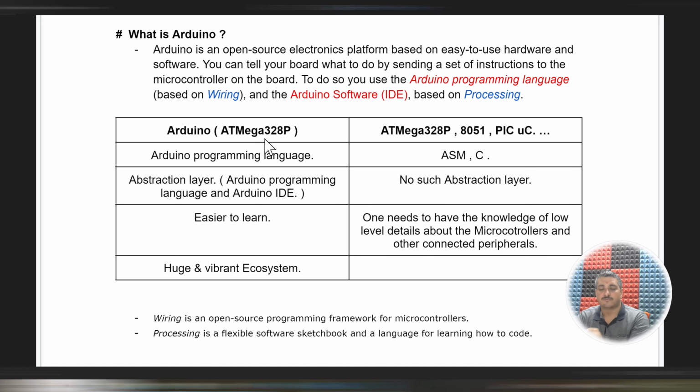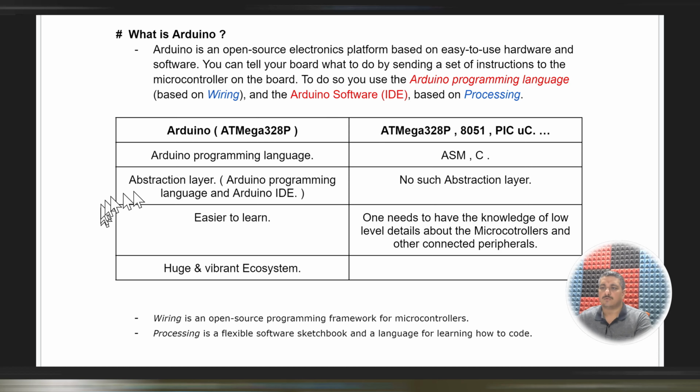With the help of this board and the Arduino IDE, you can write Arduino programs and develop your own project. Now here you can see in Arduino you use the programming language whose name is Arduino programming language. In case of traditional microcontrollers, you use programming languages which are basically assembly language programs or C programs, or maybe C++ programs.